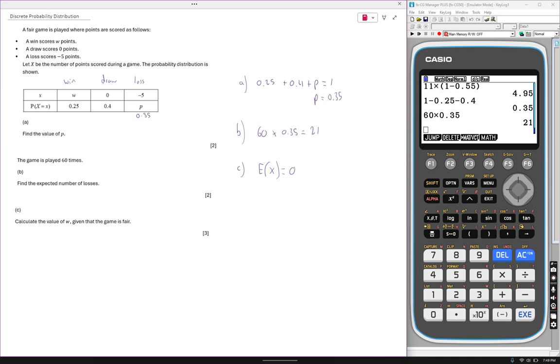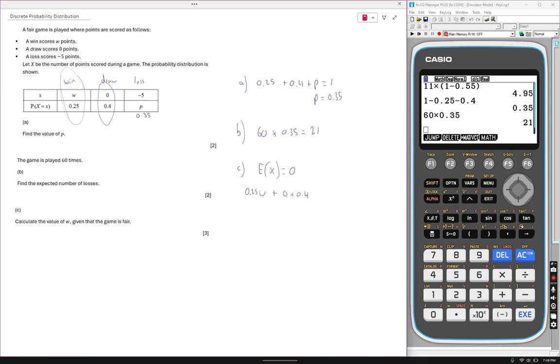So for the first column, the expected value is going to be W times 0.25, so it's 0.25 times W, plus the second column is going to be 0 times 0.4.